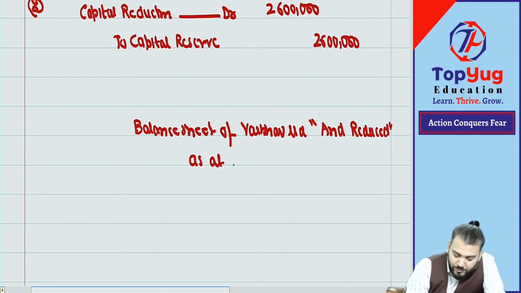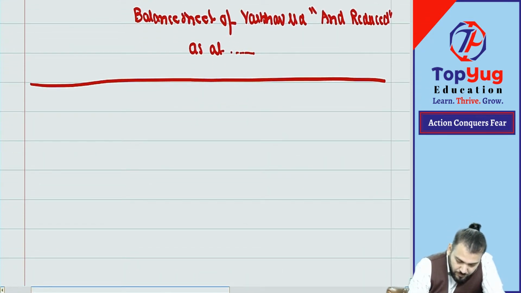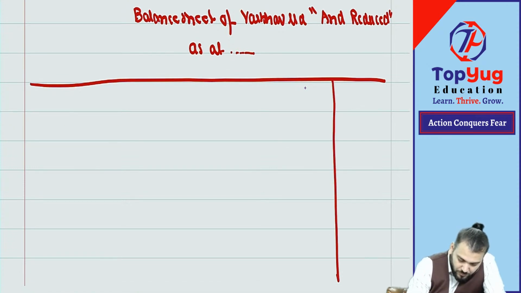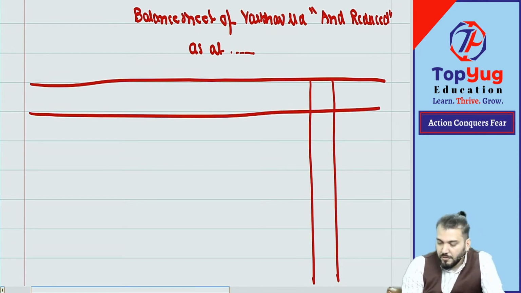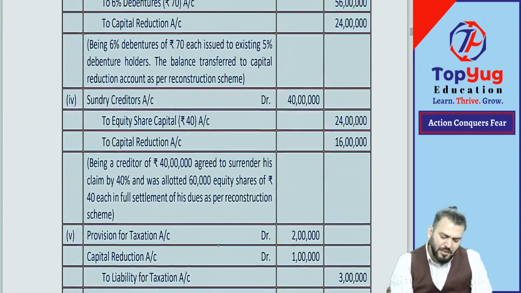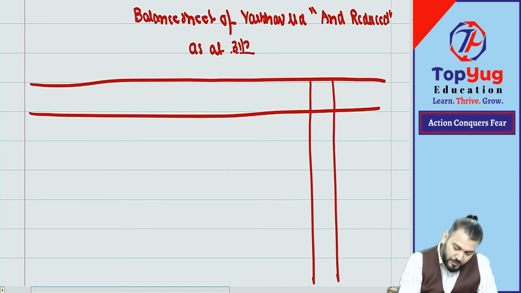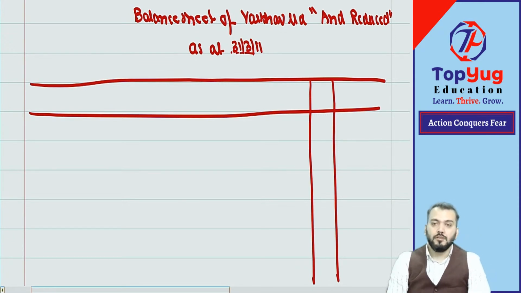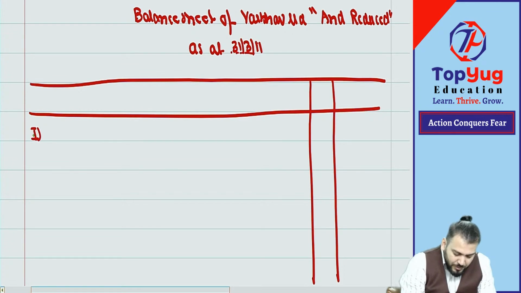As at, do you know the date? Whatever date is given, that only write down. 31st March 2011. Can we start? Balance sheet will not take much time.